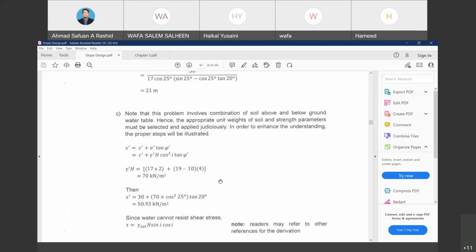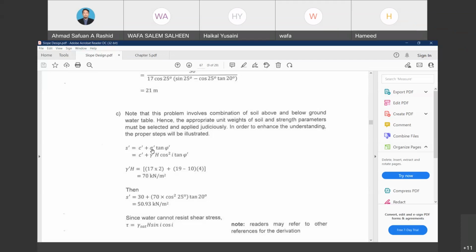Then we have S, and for S later on we need to calculate sigma due to the different soil properties.